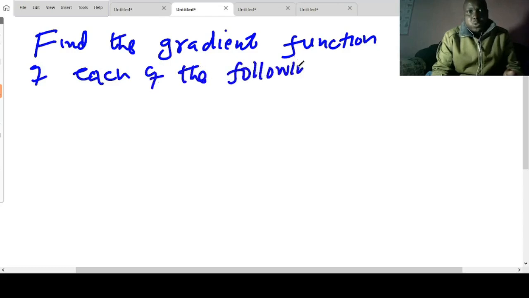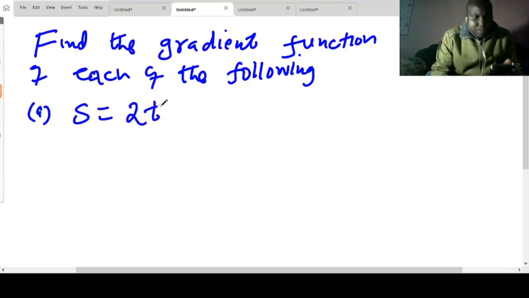Find the derived function of each of the following. Number A, I will start with s is equal to 2t cubed minus 3t squared plus 4t.